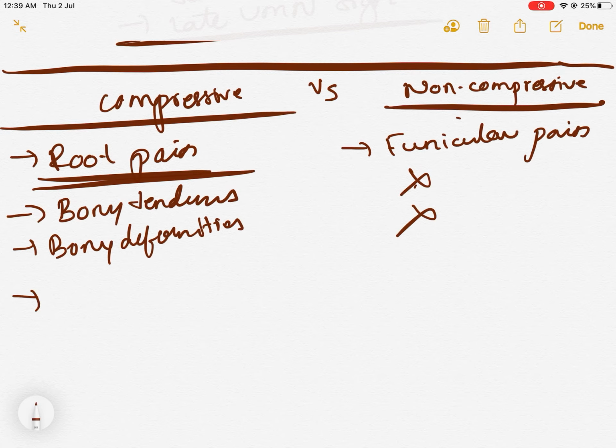Now, the three things which are common here: first, band-like sensation. Band-like sensation is due to involvement of the posterior column. So at the upper level of loss of sensation, there is a tightness in the abdomen or in the chest or in the neck, which can be felt by the patient, and is described as band-like sensation.